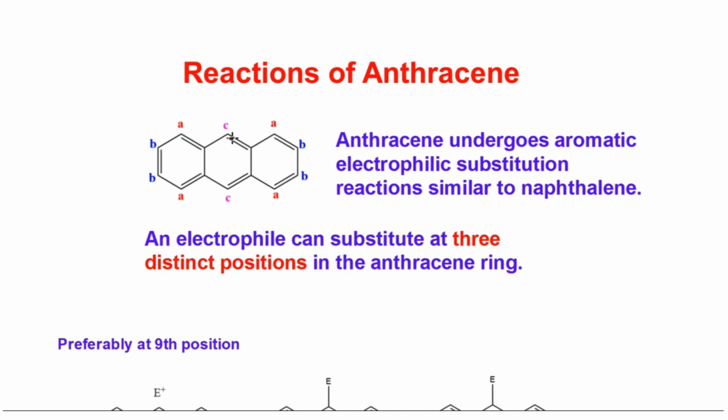You see, I marked A, B, C. So that means there are 3 unique positions. Even in the case of numbering, you can number it this way: 1, 2, 3, 4, 5, 6, 7, 8, 9, 10. Okay, so here mostly the electrophile will get substituted at the 9th position.